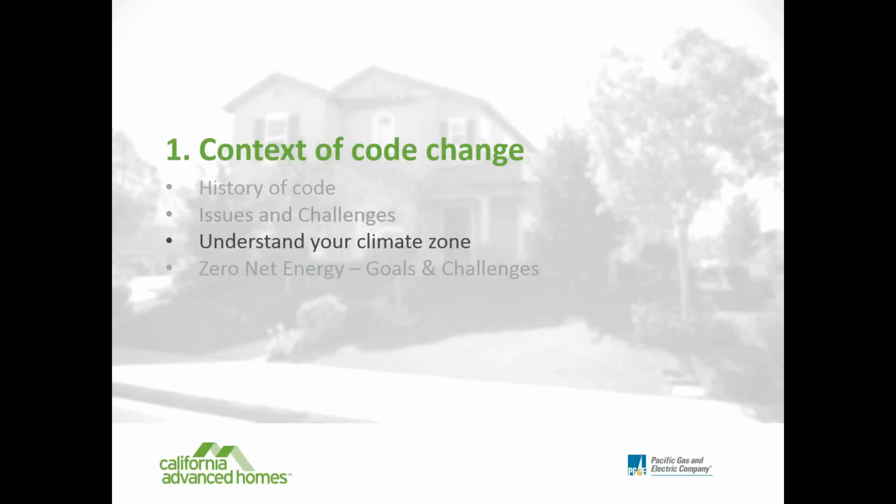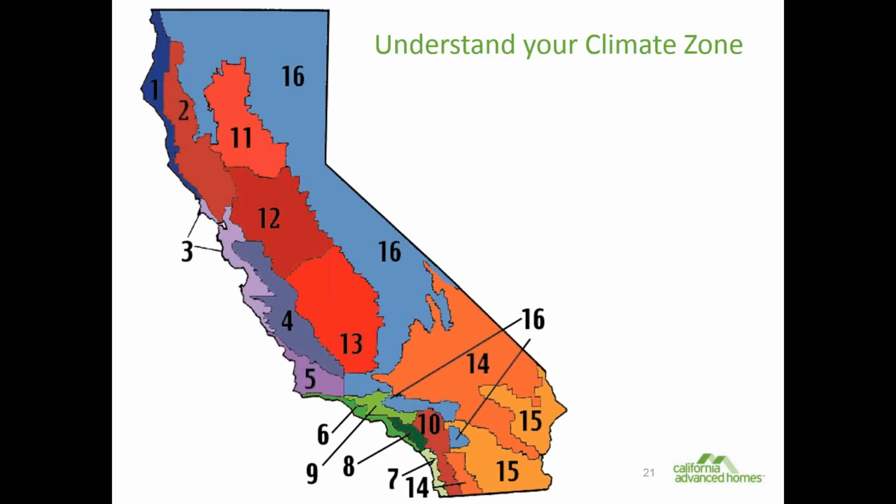And then I won't spend much time on this, but of course I just always remind people, don't forget what climate zone you're in. It matters a lot. And what we see in the 2019 code when we get there is there's much more segregation in the climate zones. So in 2013, there used to be, I believe, one prescriptive standard for all the walls in California.